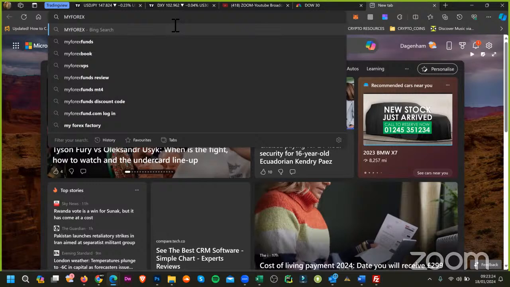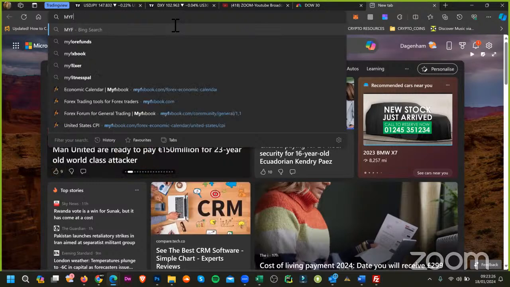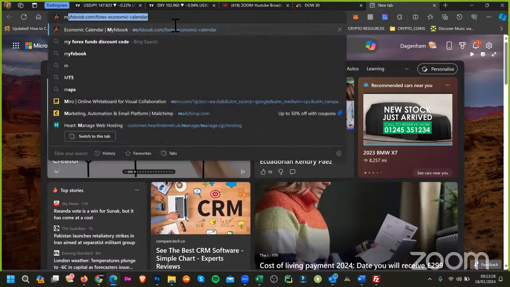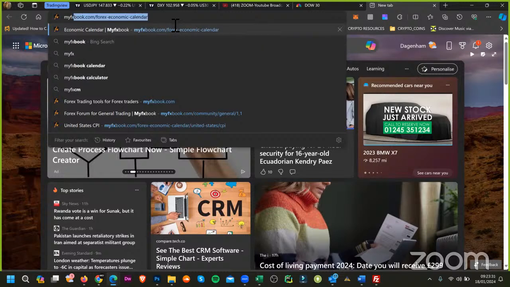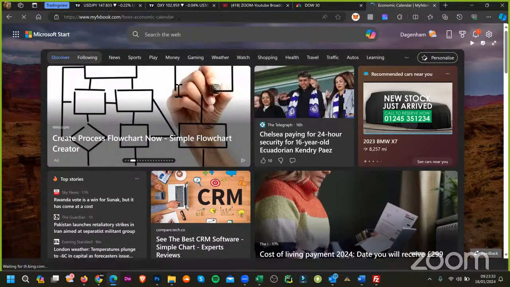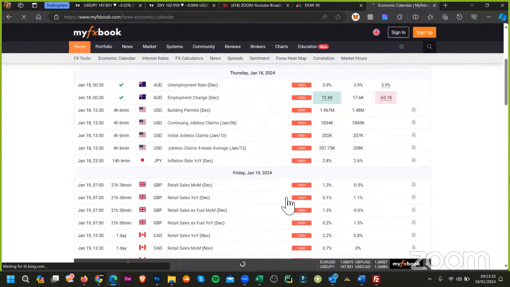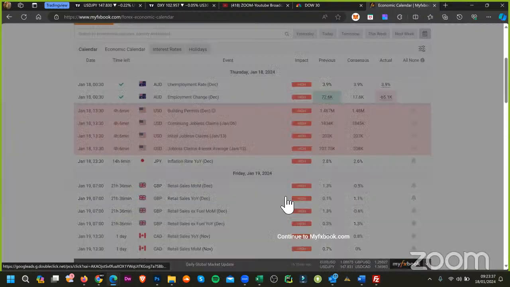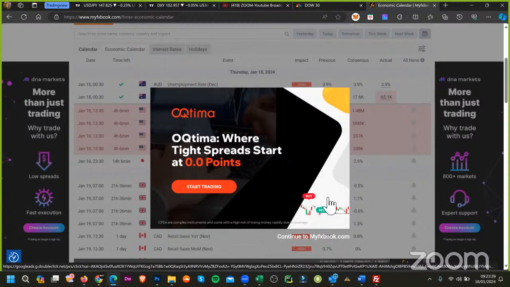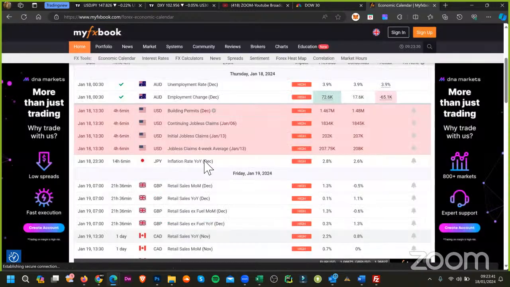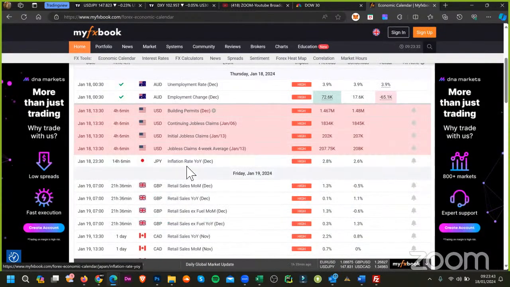Yeah, there's some red folder news for the US about employment. So that's at 1:30. Just be aware that every data point up until the interest rate date is going to make the market move. It looks like there's some interest rate information. Oh, inflation rate, sorry. That's Japan's inflation.